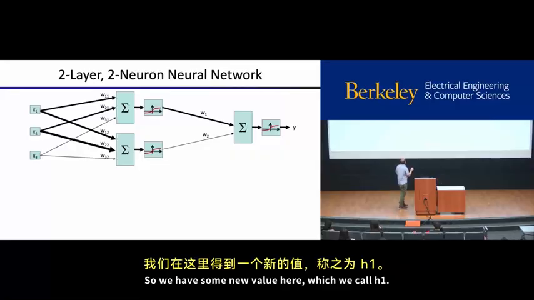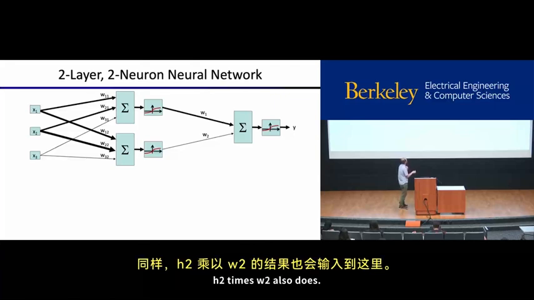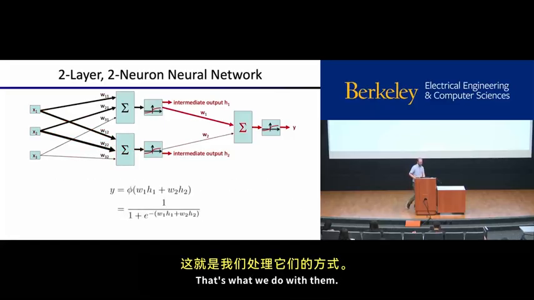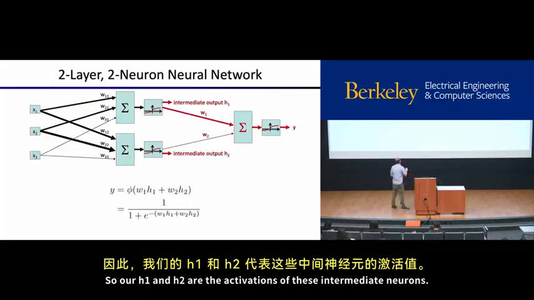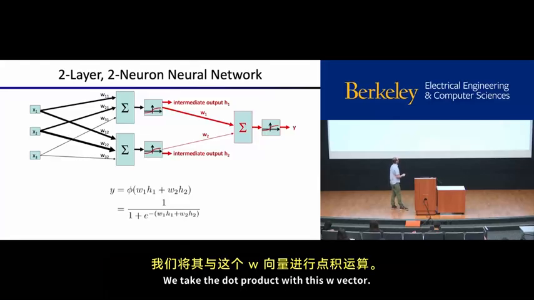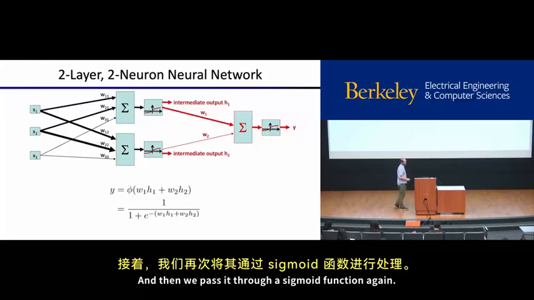So we have some new value here, which we call h1, and then h1 times w1 goes into this. h2 times w2 also does. We add them together. So our h1 and h2 are the activations of these intermediate neurons, and we use that as our new vector. We take the dot product with this w vector, or alternatively, take the product and sum them, and then we pass it through a sigmoid function again.